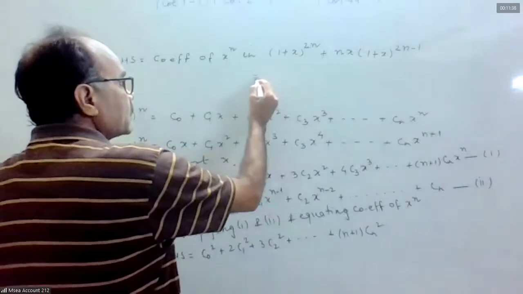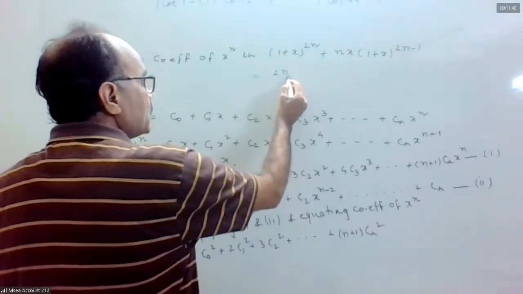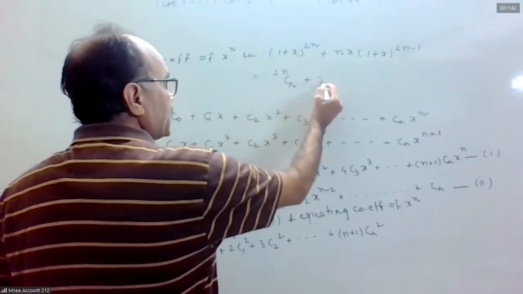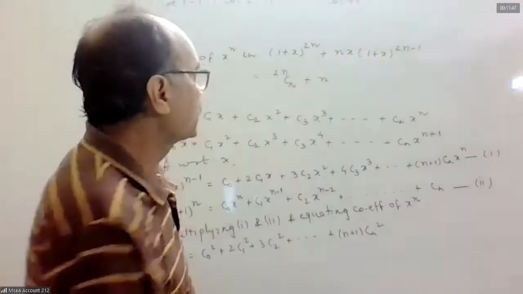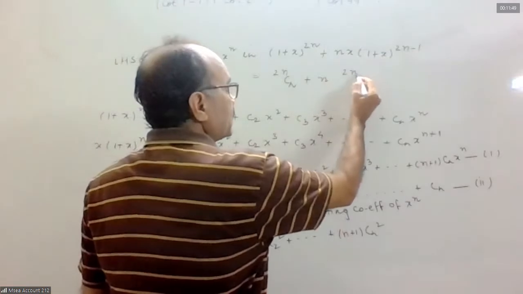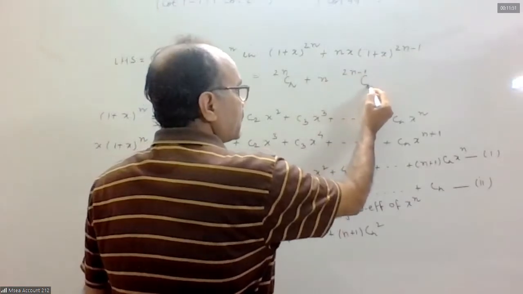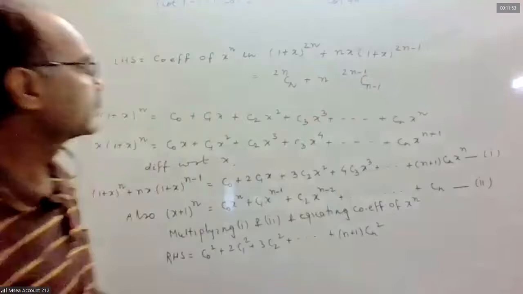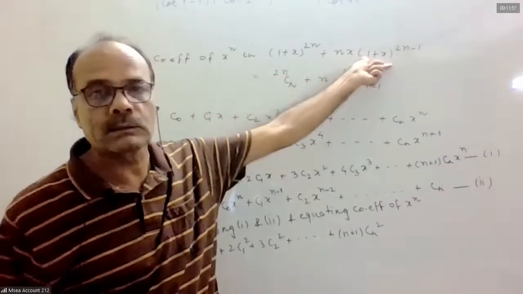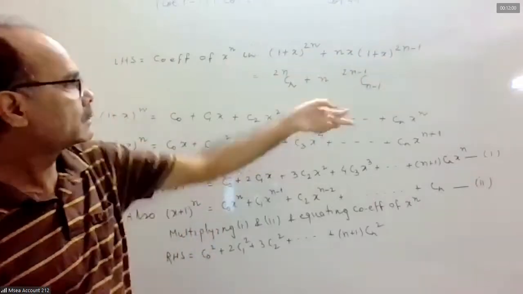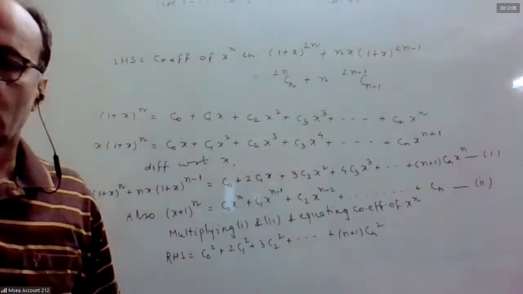That is simple, equal to 2nCn plus n into, x is already here, we want x to the power n minus 1, so 2n minus 1 C n minus 1. We already have x, so we want x to the power n minus 1. This is the coefficient of x to the power n in LHS.